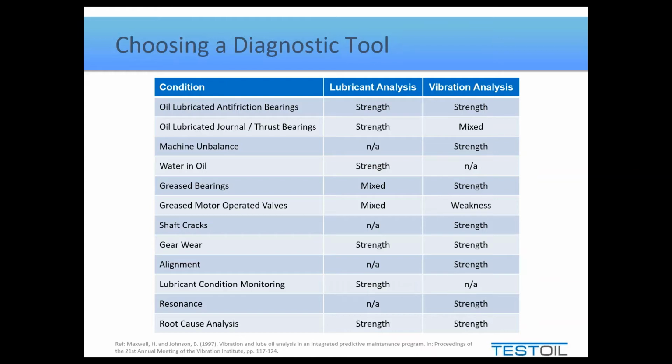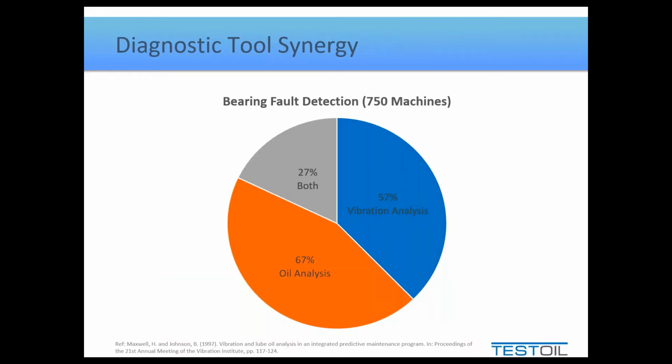So they saw this balance between the two, and of the machines that they monitored, which numbered up to about 750, as you can read, they felt nearly 2/3 of the failures could be caught by oil analysis and oil analysis alone. On the other hand, only slightly fewer failures could be caught by vibration analysis and vibration analysis alone.